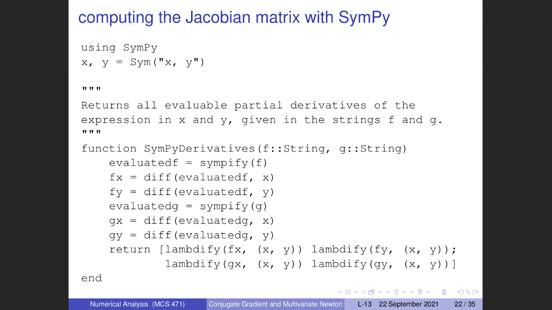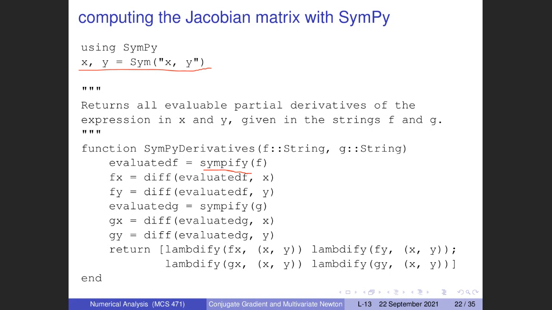But we do this here in two variables, generalizing the functions that we have covered when we first introduced Newton's method. So our expressions are given as strings parsed into Sympy expressions with Sympify using the global definitions.